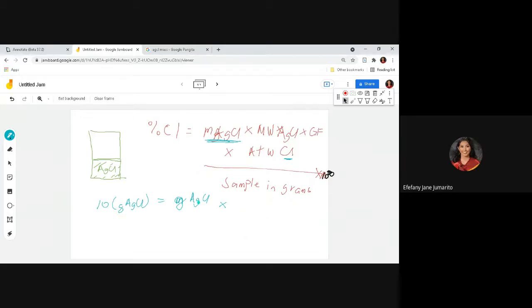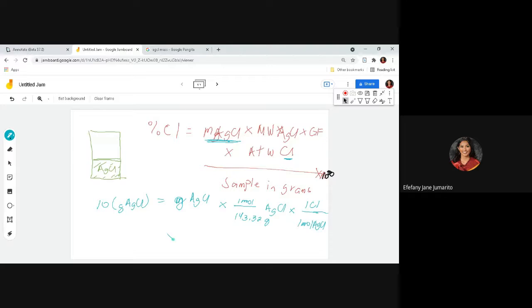Okay, so we have grams of AgCl, 143.32 grams per 1 mole. You multiply that with the gravimetric factor. If we have 1 mole of AgCl, how many moles of Cl? 1, ma'am. All right.